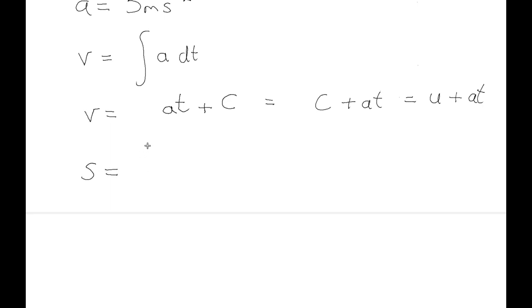Displacement, which we use the symbol s for, if you remember. So I'm going to use this formula. That would give me as a solution A t, so we raise the power by 1, so that makes that 2, and then divide by the power.